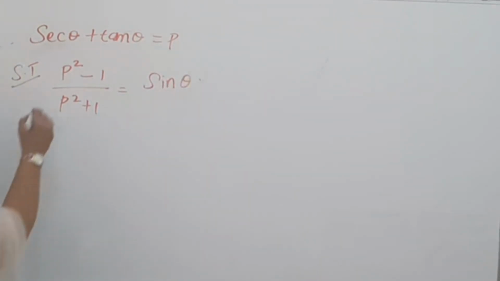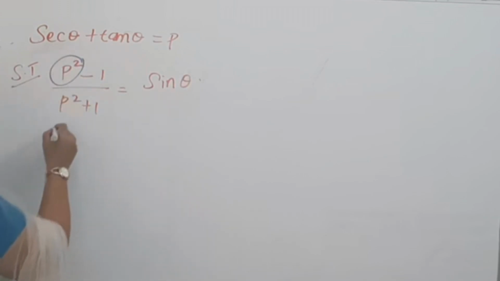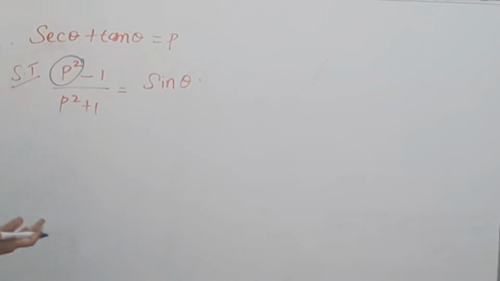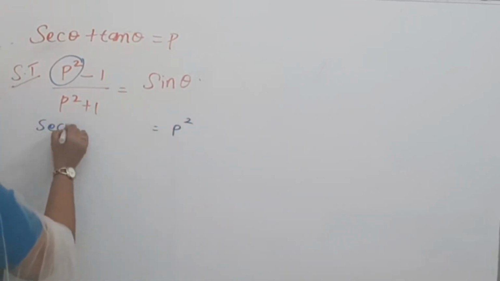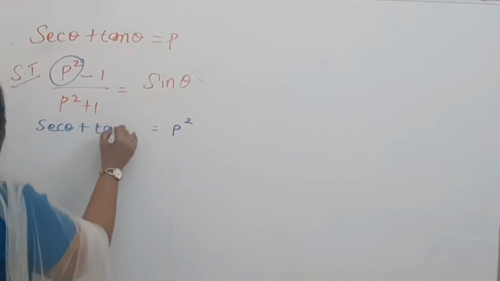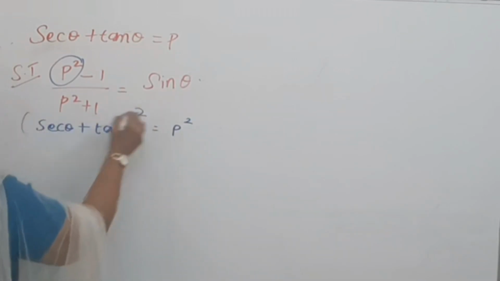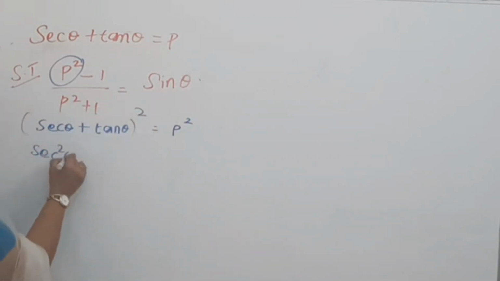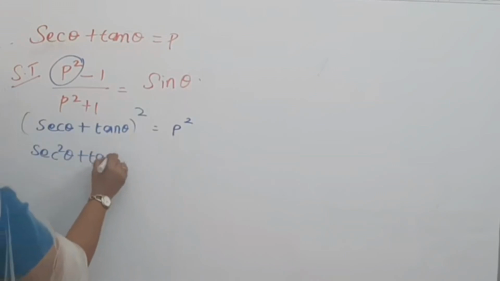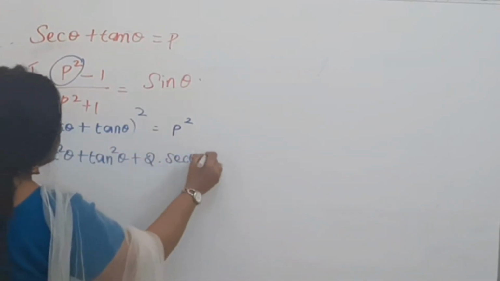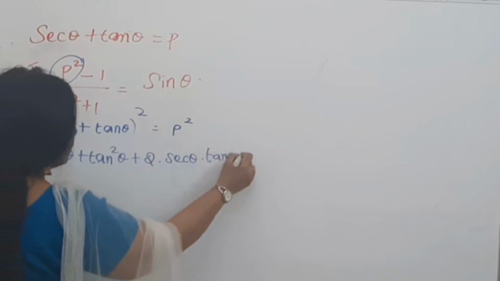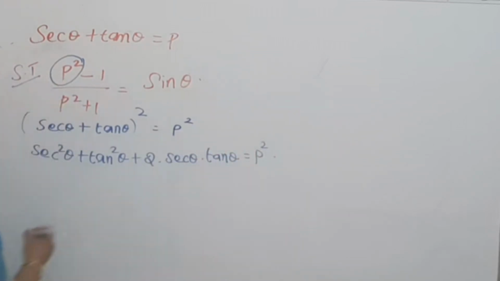So what do I have to find? I have to find p square, and then I have to subtract 1 and add 1 like that. So let me have my p square first. That is sec theta plus tan theta the whole square, which is nothing but sec square theta plus tan square theta plus 2 sec theta into tan theta, which is equal to my p square.